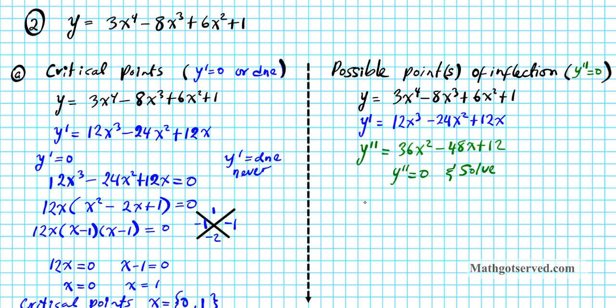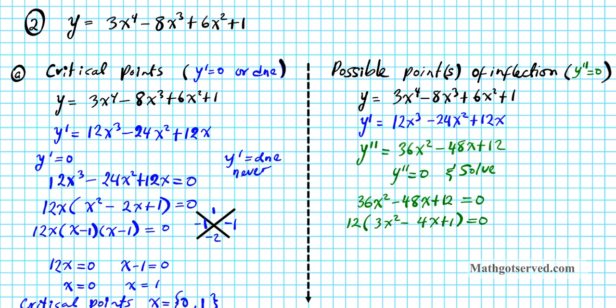All right, so let's go ahead and do that. We're going to have 36x squared minus 48x plus 12 equals 0. If you notice, this has a GCF of 12, so we can factor out 12, and we're left with 3x squared minus 4x plus 1 equals 0.